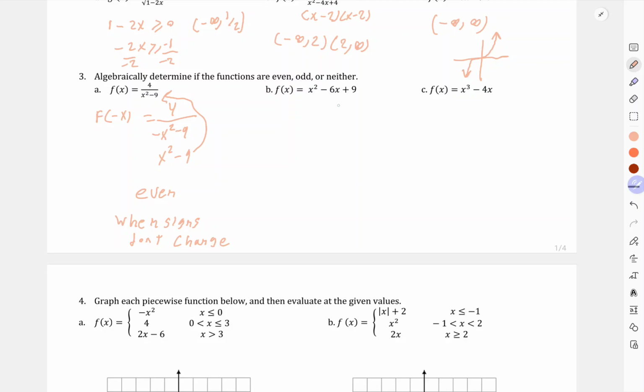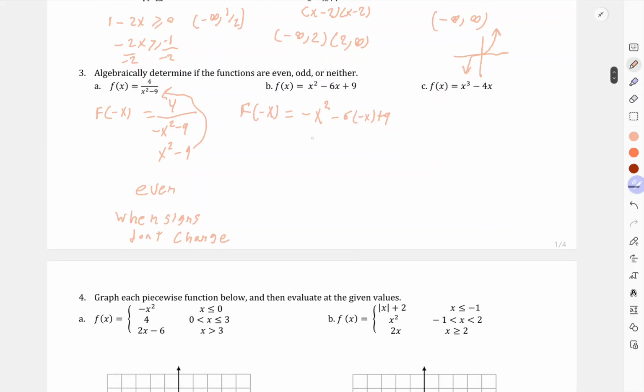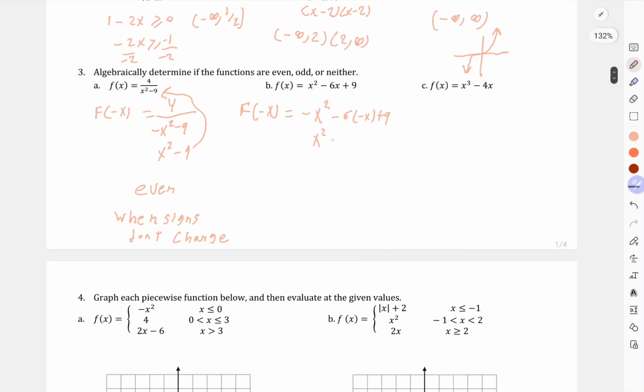So here, we determine this by also plugging in negative x. So f of negative x: negative x squared minus 6 times negative x plus 9, right? And when you look at this, you already know that the square becomes positive, and then this becomes positive too.